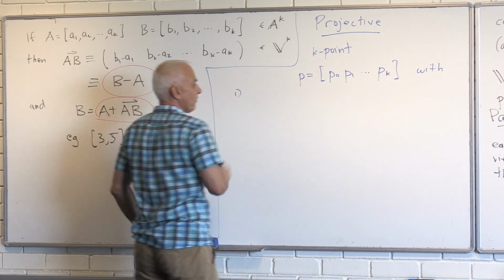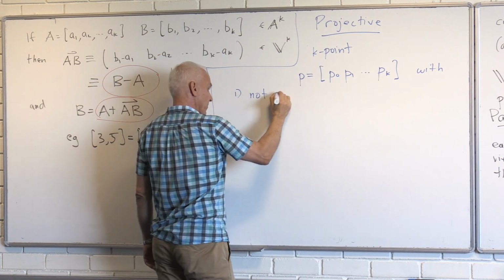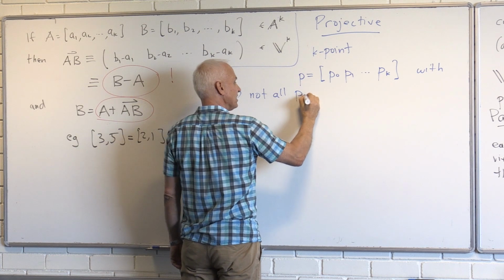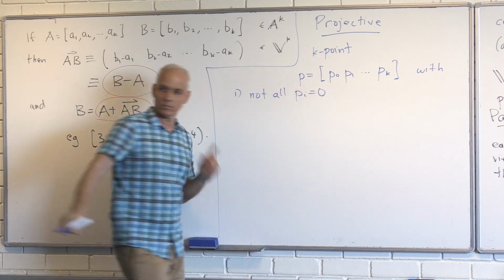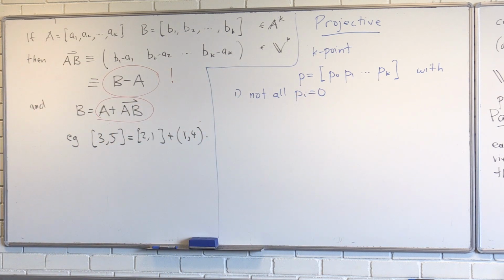First of all, not all P sub i are 0. At least one is non-zero. We're not allowed to have 0, 0, 0 across the board.